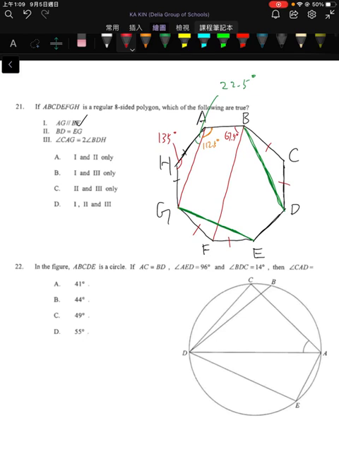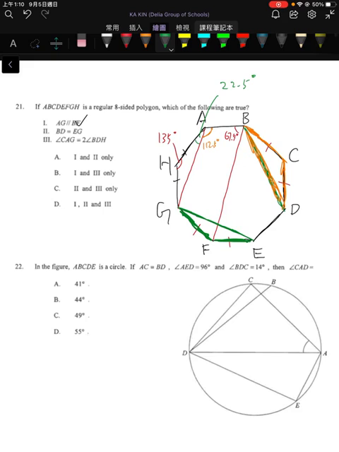So in these two triangles, the BCD triangle and the EFG triangle, you already have two pairs of corresponding sides that are equal, with the same lengths.